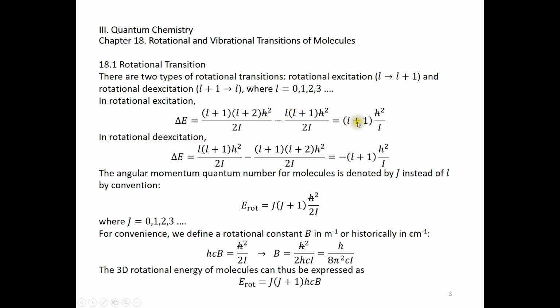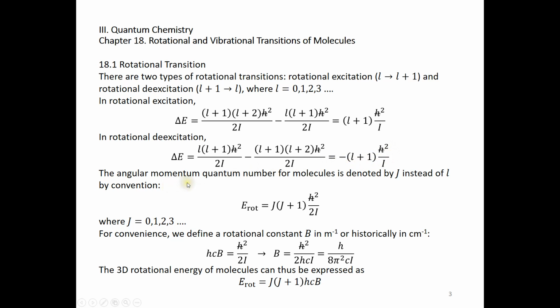The difference is (L plus 1) times h bar squared over I. In a rotational de-excitation, the energy decreases. Again, we can compare the difference between the two energy levels, L and L plus 1. The rotational energy change is negative (L plus 1) times h bar squared over I.